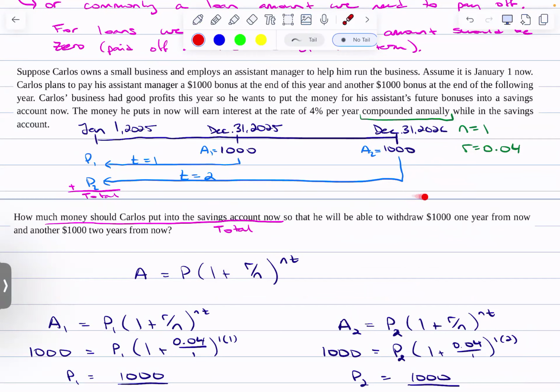We were depositing and letting it grow, depositing, letting it grow until we had some final amount. Whereas now we're trying to figure out, okay, what principal amount is going to be equivalent to these periodic payments.